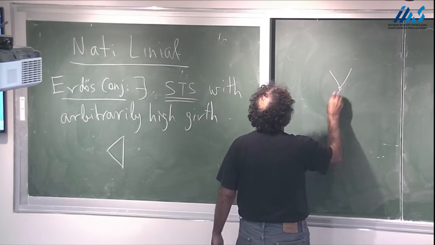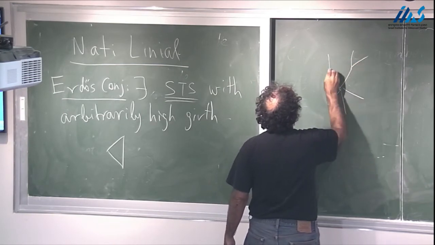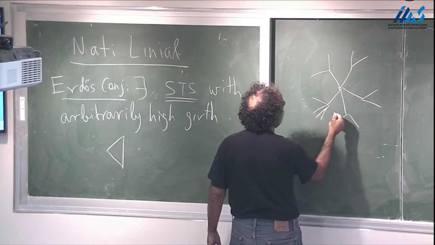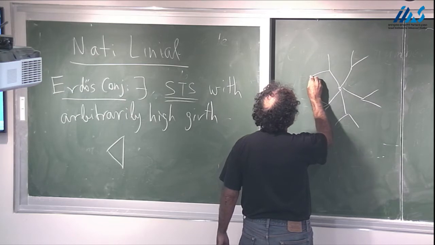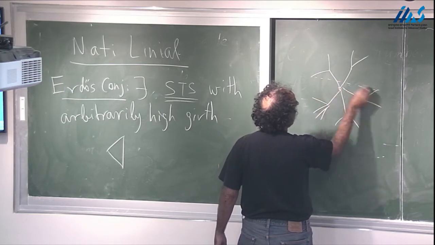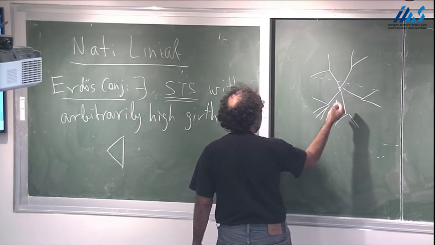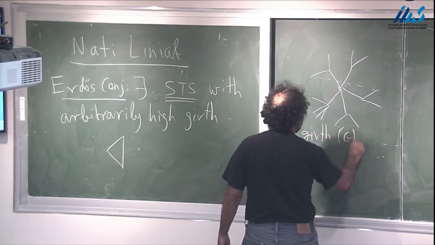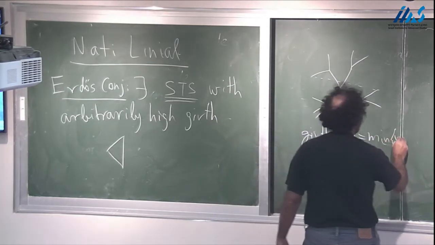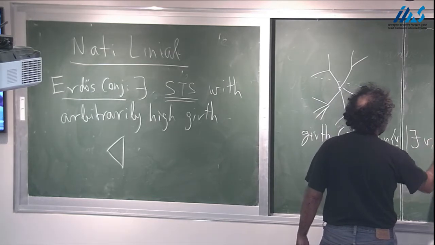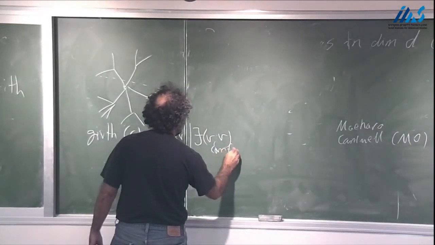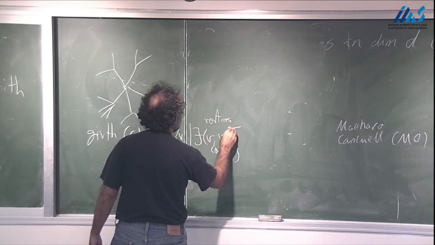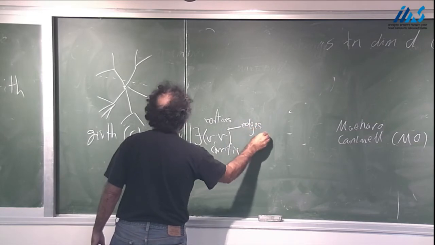You take a vertex, and you keep going, and each time you discover new edges at the cost of a new vertex. And then all of a sudden there is an edge coming in for which you didn't have to pay with a vertex. So the girth of a graph is the smallest v such that there exists a v-configuration, with these vertices and these edges. That's the usual definition of girth in graphs.